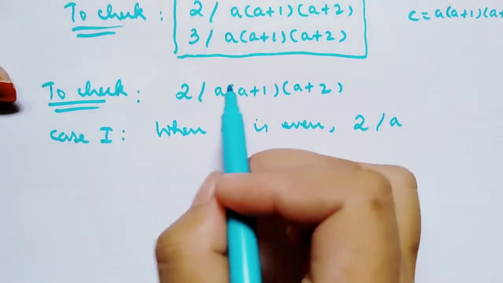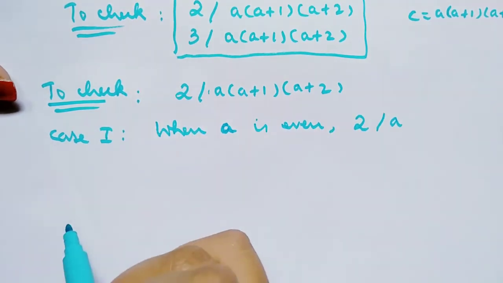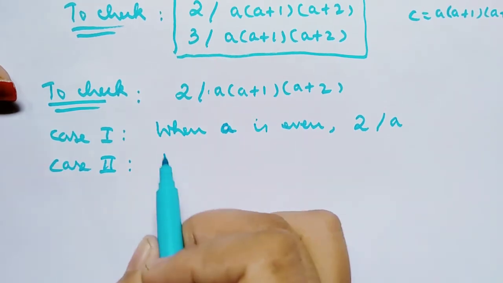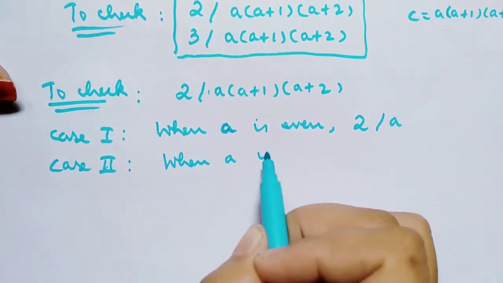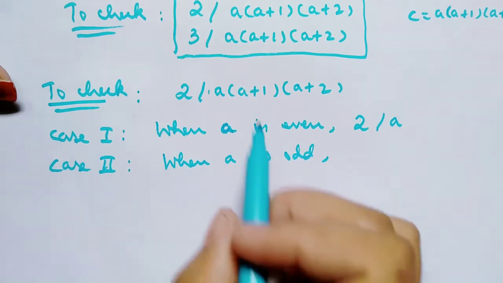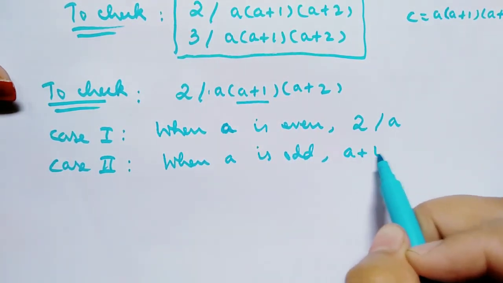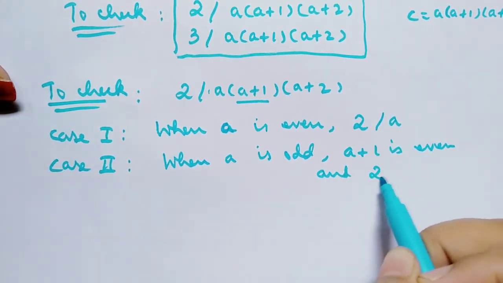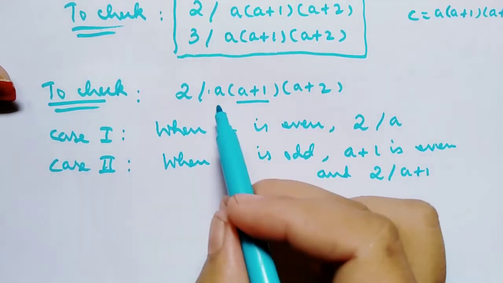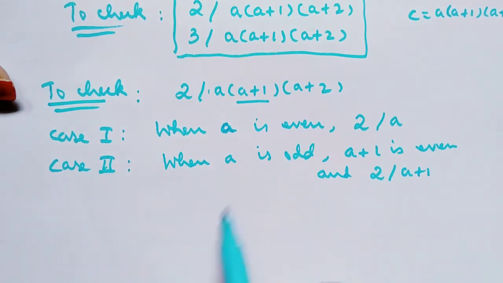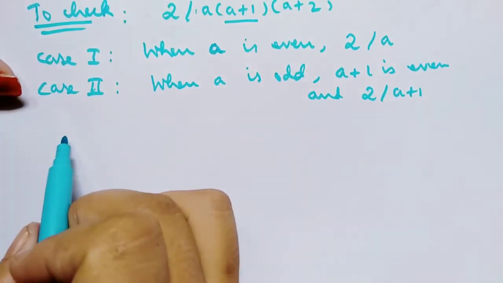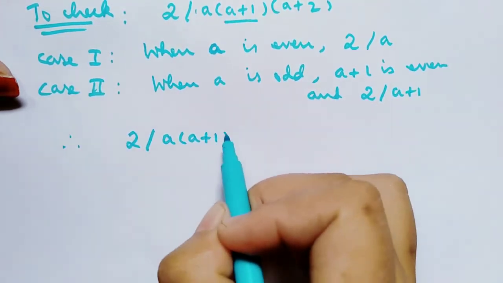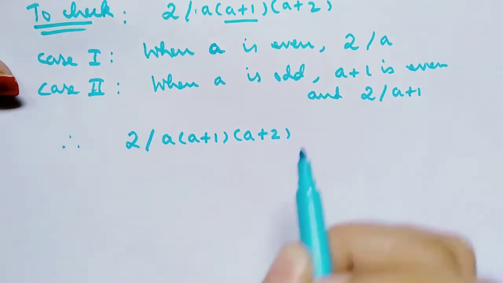So in that case, this whole term is divisible by 2. Case 2, when a is odd, clearly a plus 1 is even. If it is even, then it is divisible by 2. So this whole term is divisible by 2 when a is odd. Therefore, 2 divides a into a plus 1 into a plus 2.